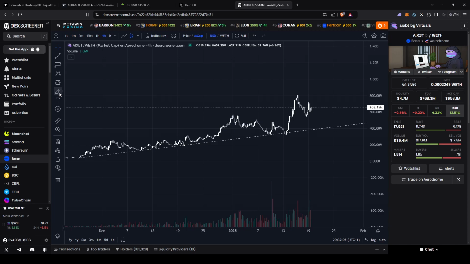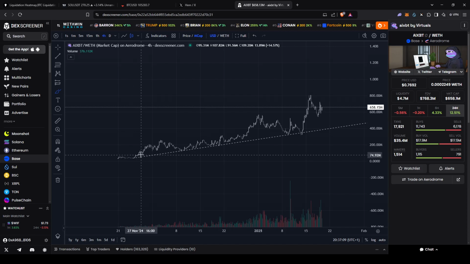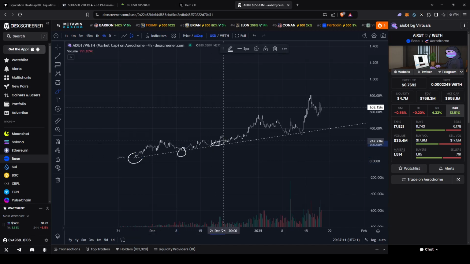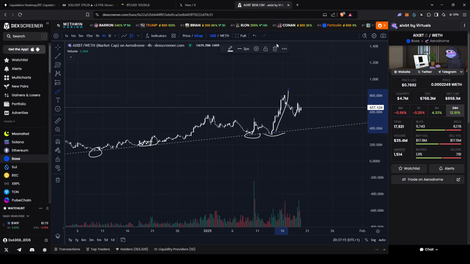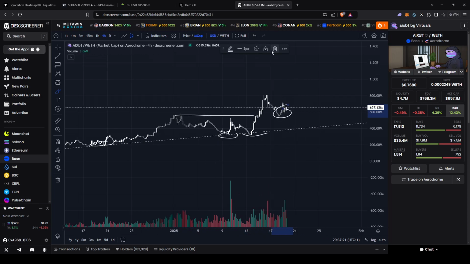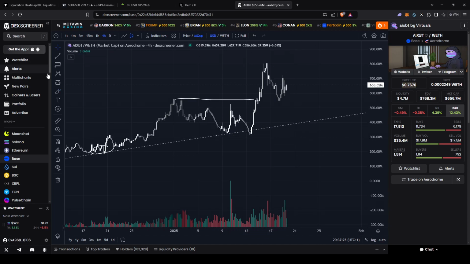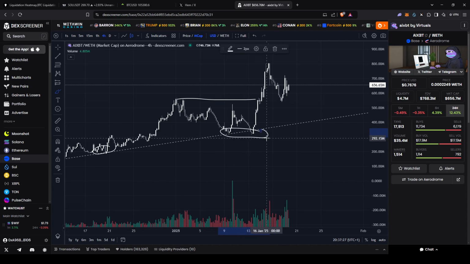I mean, I've been playing it so simple on AIXBT, where you have one trend line and you have bounced off it, bounced off it, bounced off it, bounced off it, deviation below, impulse. I don't see the reason to buy here. We do have these lows back here that are of interest to me.